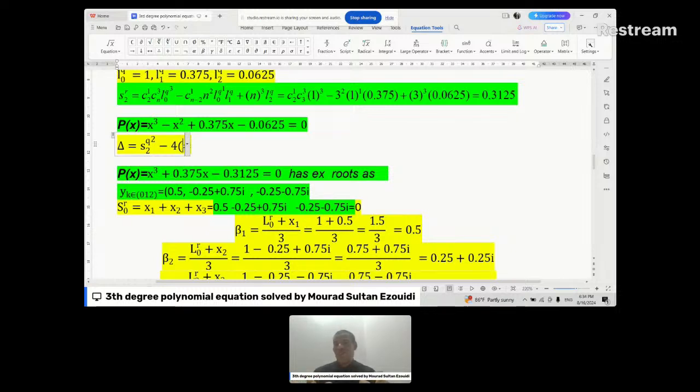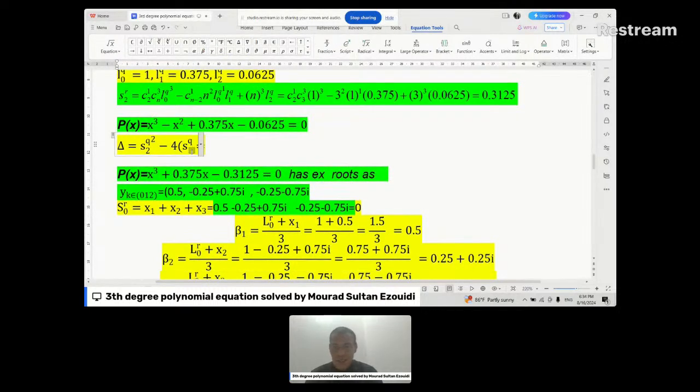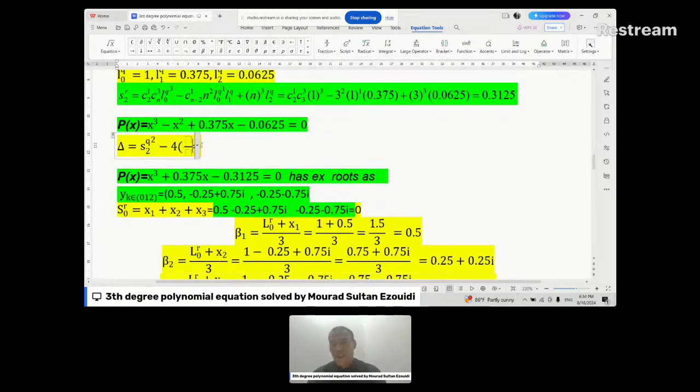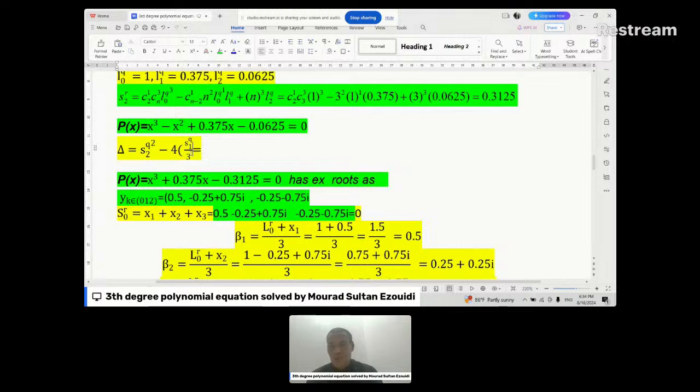It means we will use the identity as the Cardan method uses. Therefore, learners, I will write here: divided by 3. I will erase this one. This is S1 divided by 3, and this has to be raised to the power of 3. This is the formula. Then I will give you a contrary example to show that this method can't be applied to some third degree equations.